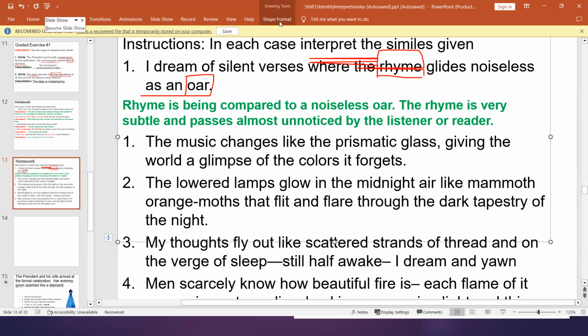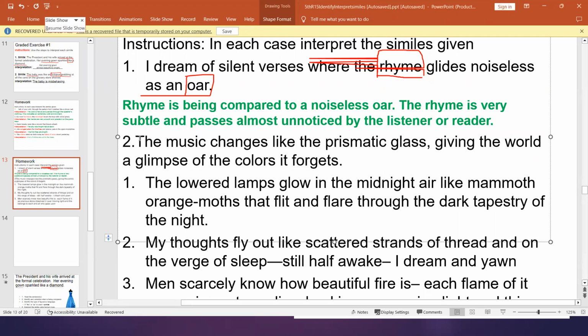All right, let's go on to number 2. The second simile. Shemaya, can you read number 2? The music changes like the prismatic glass, giving the world a glimpse of the colors it forgets.